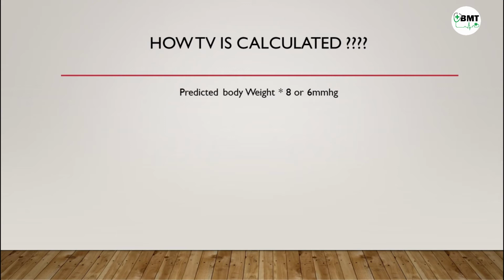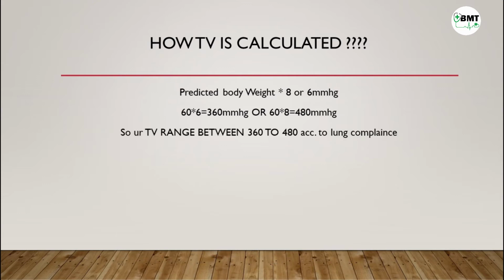For example, let us say the patient's body weight is 60. So 60 multiplied by 6 is equal to 360 and 60 multiplied by 8 is equal to 480 mL. So your tidal volume range will be between 360 and 480. According to the lung compliance, we can set within this range for that particular patient.